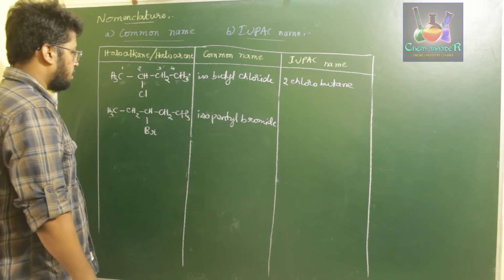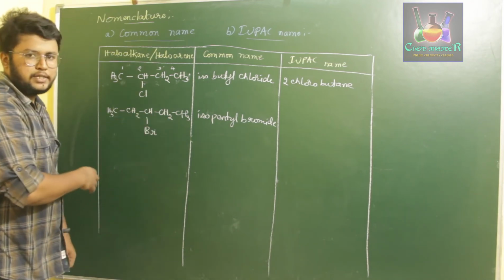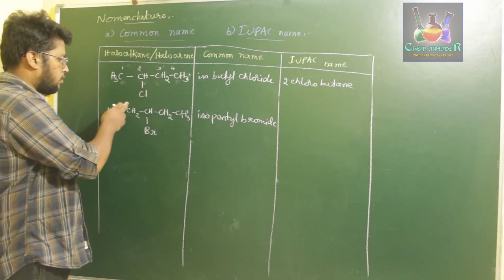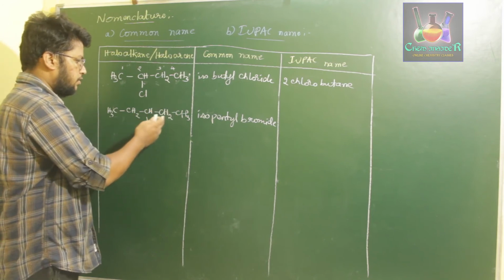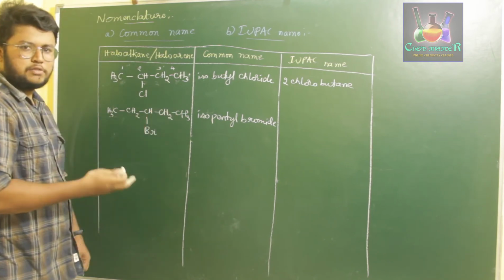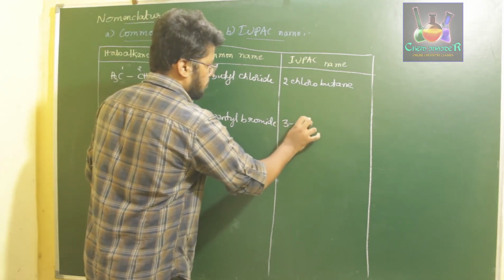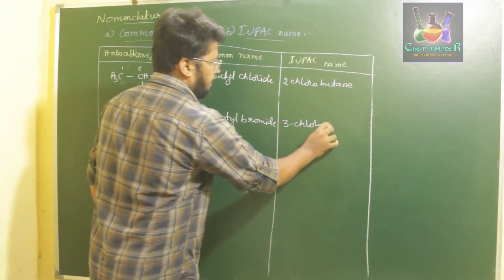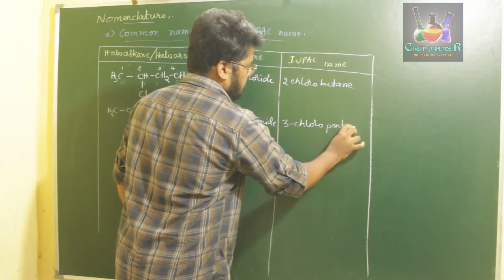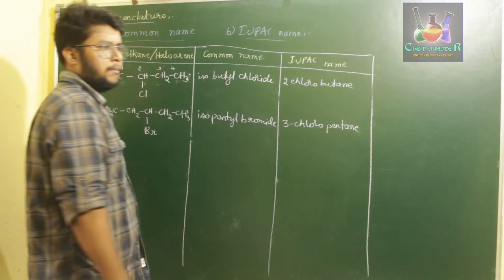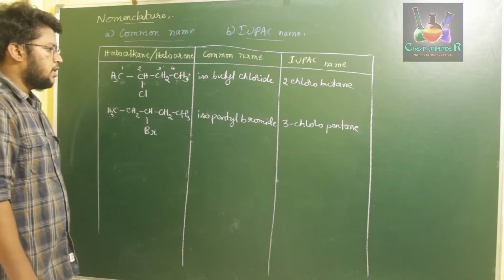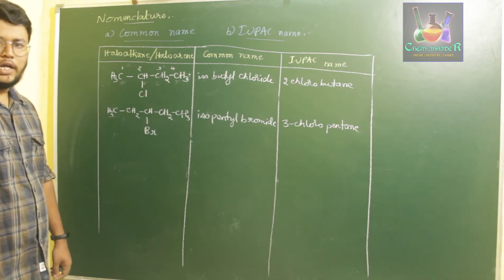For the IUPAC nomenclature, if you start numbering from either side, we get the same number, 3: 1, 2, 3, 4, 5, or 1, 2, 3, 4, 5. So it doesn't matter which side you number from. So this will be 3-chloropentane.